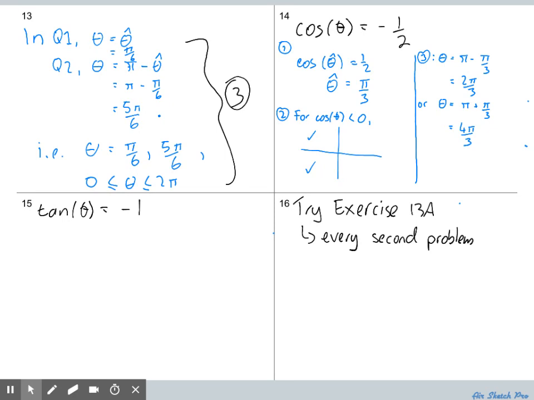Okay, there's cosine for you. See if you can follow the working out there.